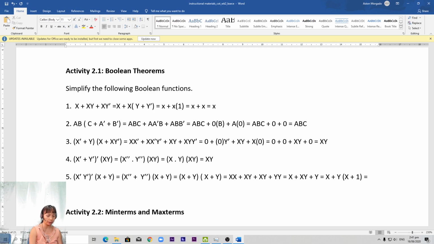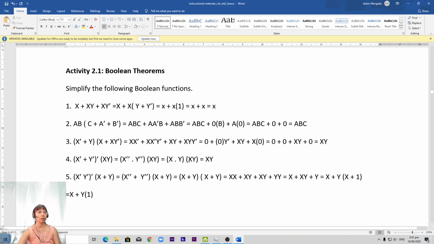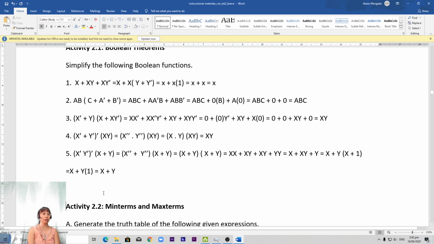Therefore, this is equal to y times 1, and y times 1 is simply equal to y. So the answer is just equal to x plus y.